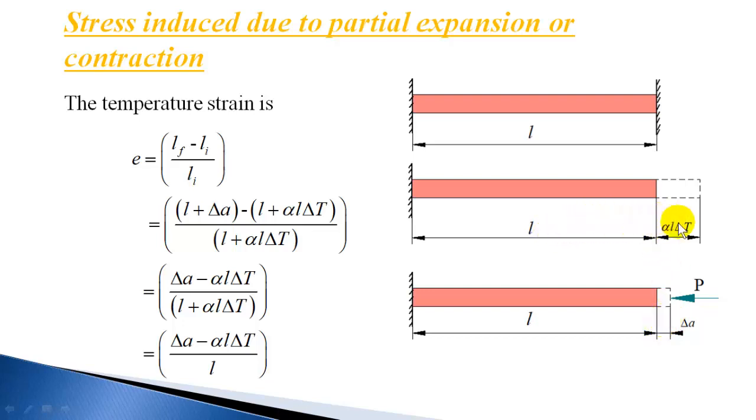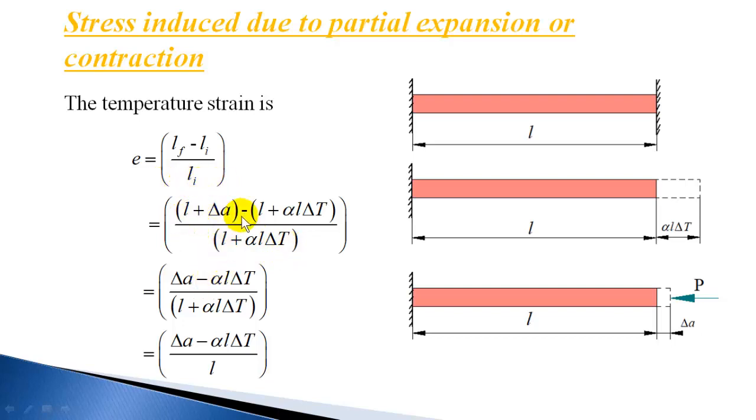So initially you are permitting expansion and then compressive force is slowly bringing it back to the final length L plus delta A. So the strain is the final length L plus delta A minus the initial length L plus alpha L delta T, divided by L plus alpha L delta T, that will give the temperature strain.